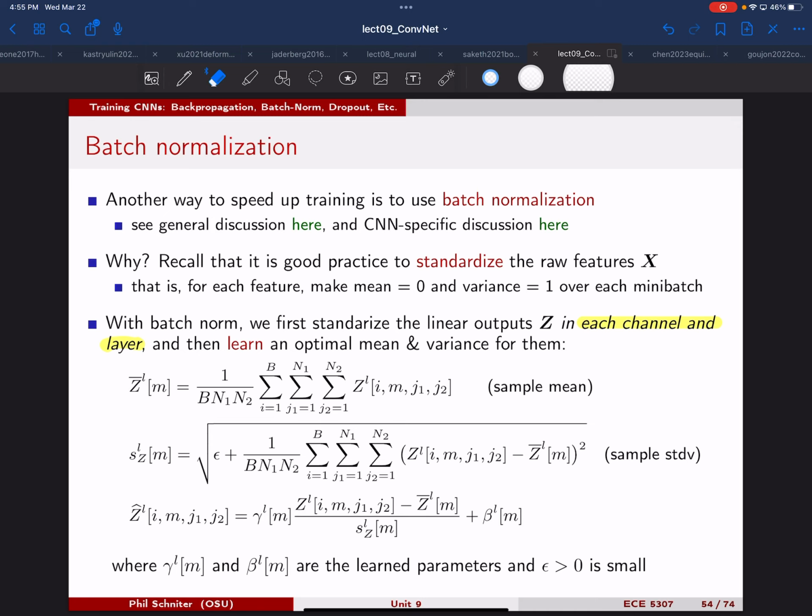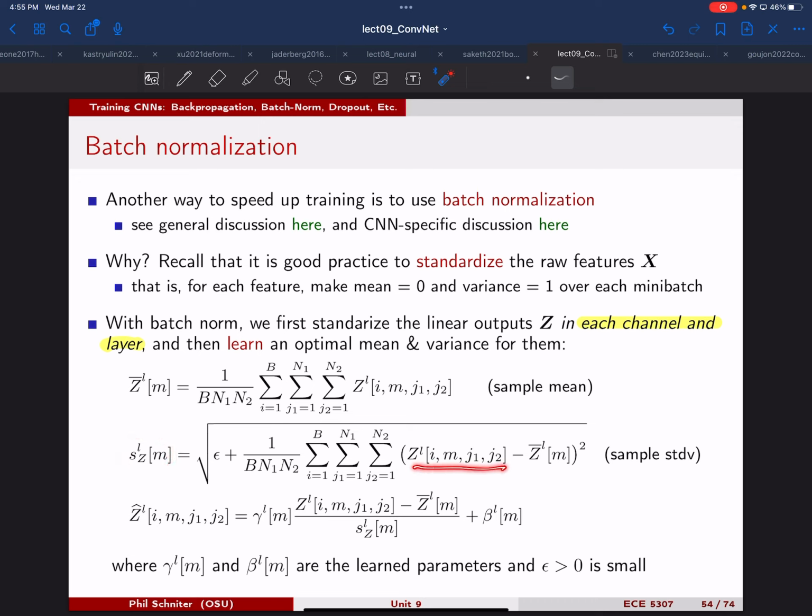So here's how it works. For the Lth layer, Mth channel, this is just computing the sample mean, where you're averaging over all the pixels and averaging over all the elements in the batch. With the sample mean, you can compute the sample standard deviation.